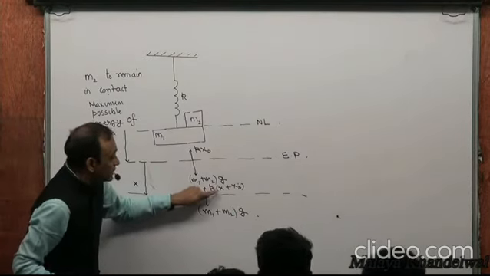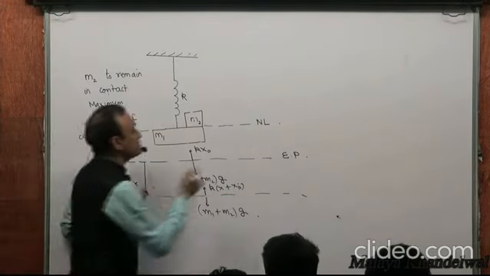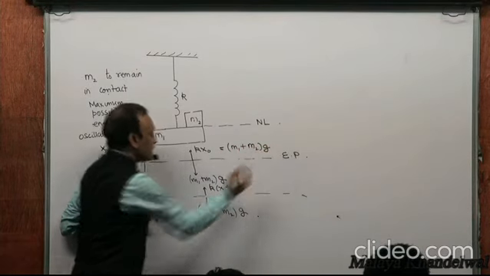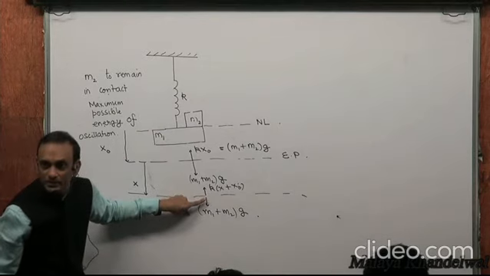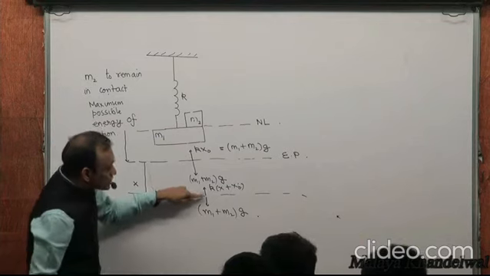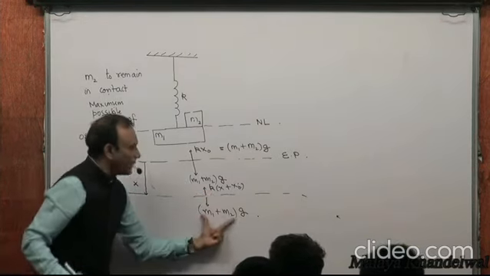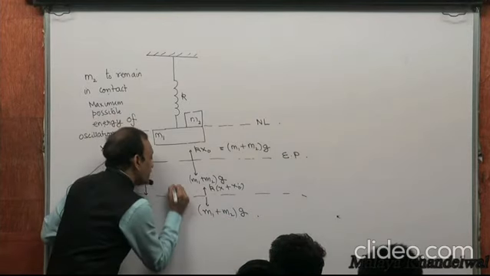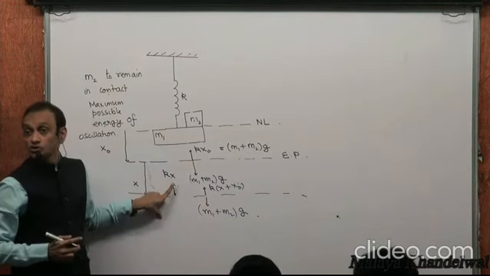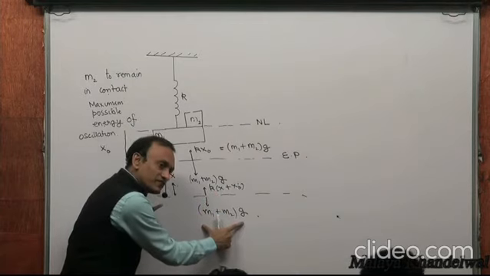Do you realize kx0 is balancing (m1 plus m2) into g, because this is an equilibrium position. So now look at this state x units below the equilibrium position. The spring force is k into (x plus x0) upwards, weight downwards. Kx0 will balance this. So what is the net upward force? Kx is the unbalanced force. This is the restoring force acting on m1 plus m2. Yes or no? Because kx0 is balancing (m1 plus m2) into g.